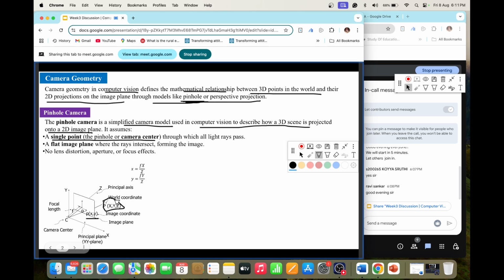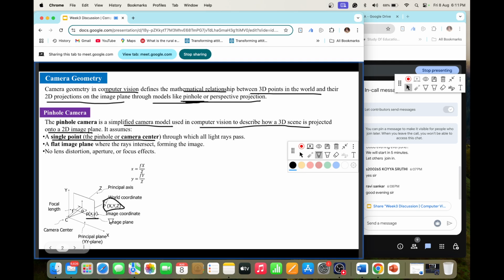That means we are projecting this point on an image plane, and this point now becomes small p (x, y). So this is the real coordinate P (X, Y, Z), and that will be projected on the image plane, and that will be small p (x, y).